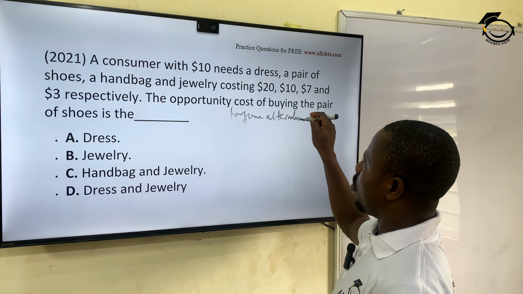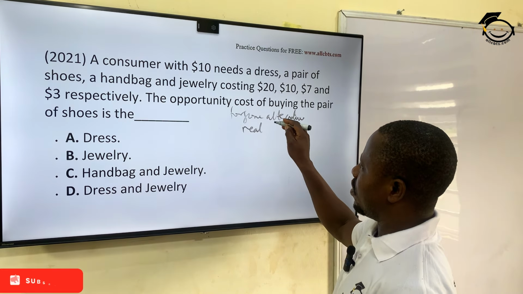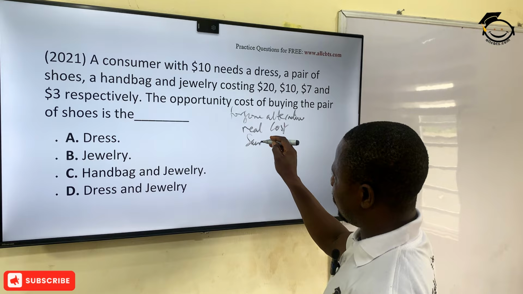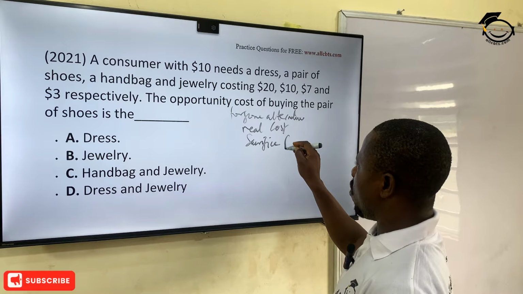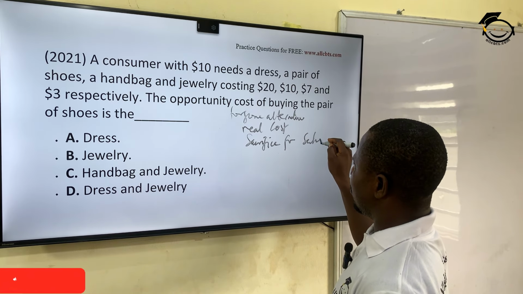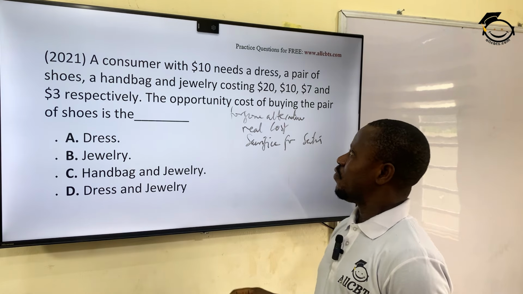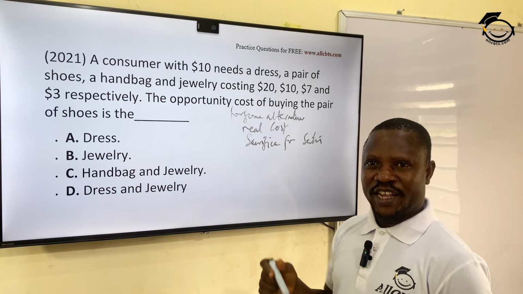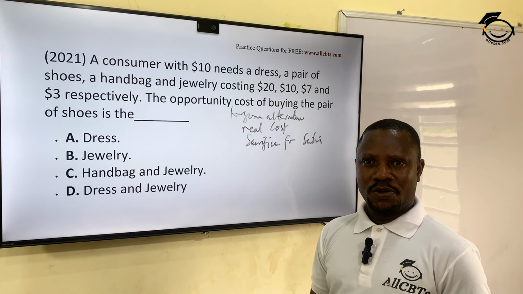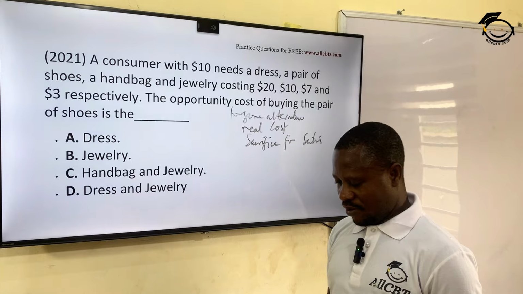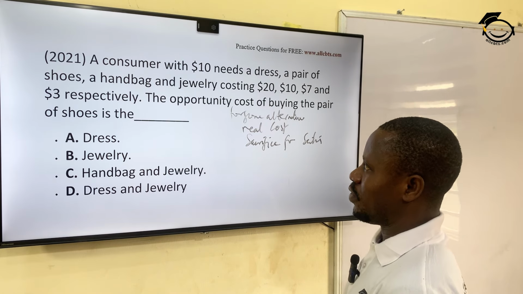In fact, in economics, we call it the real cost. Or in my own language, I like to say the sacrifice you made for your satisfaction. So, opportunity cost is not actually the price you paid. The opportunity cost is the real product that's left behind. The sacrifice you made for your satisfaction.